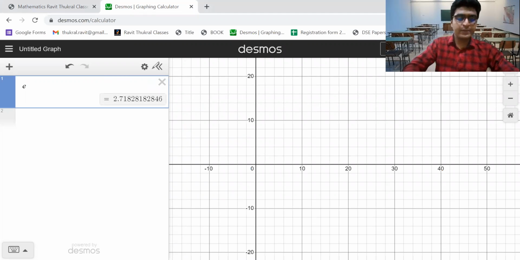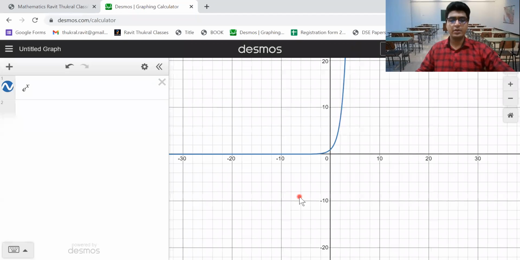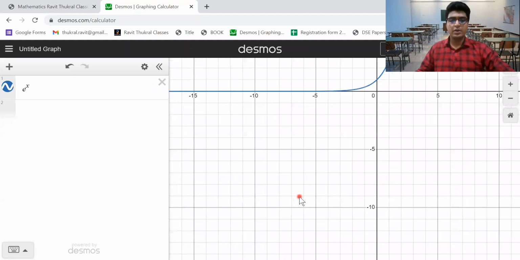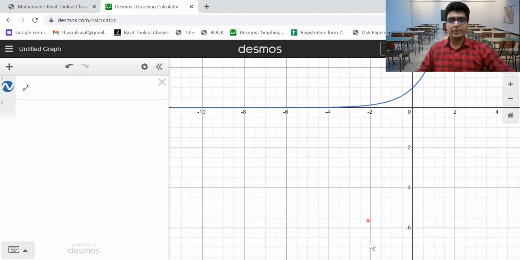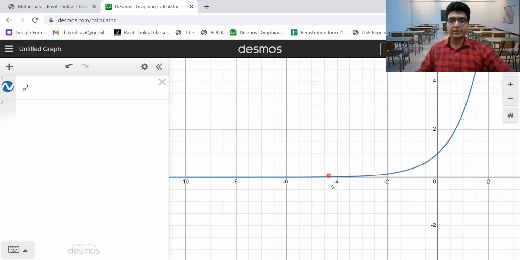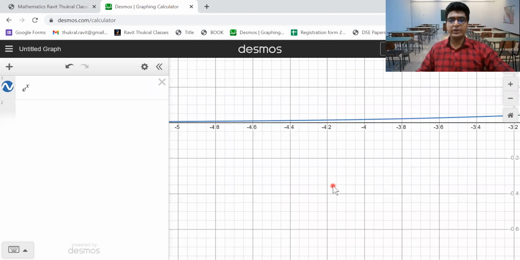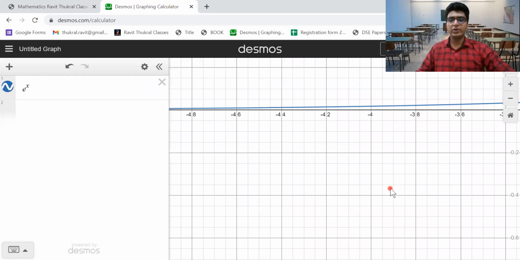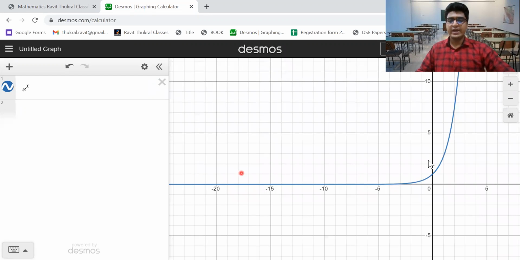So e to the power x, look at this. It will always remain above the x-axis, okay? And it is strictly increasing, all right?